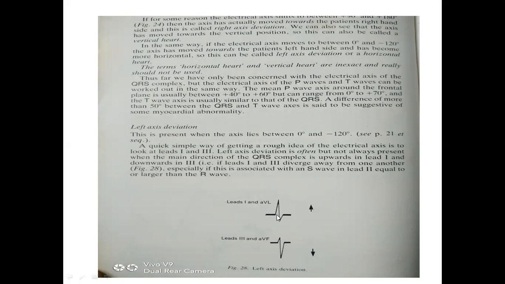For example, if this is around 2 big squares, which means 10 millimeters, you write plus 10 because it is upward. Is it clear? If it is a downward deflection of one big square, or 5 small squares, it is written as minus 5.